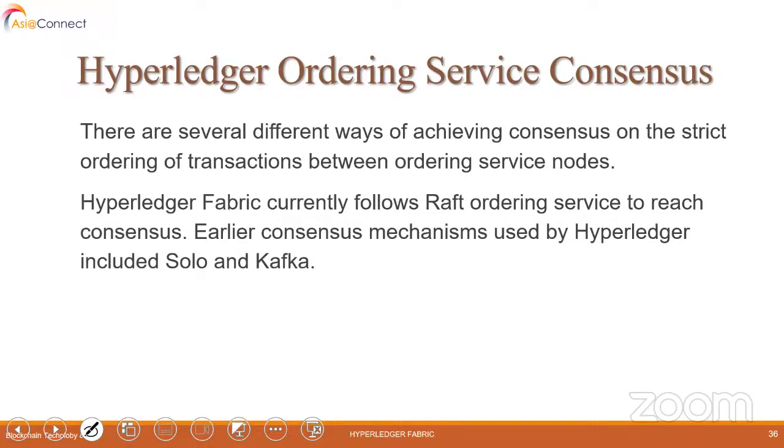So the earlier consensus mechanisms used by Hyperledger Fabric included Solo, which was used only for test networks, and Kafka, which is quite similar to Raft, and these are the ordering services which were there.